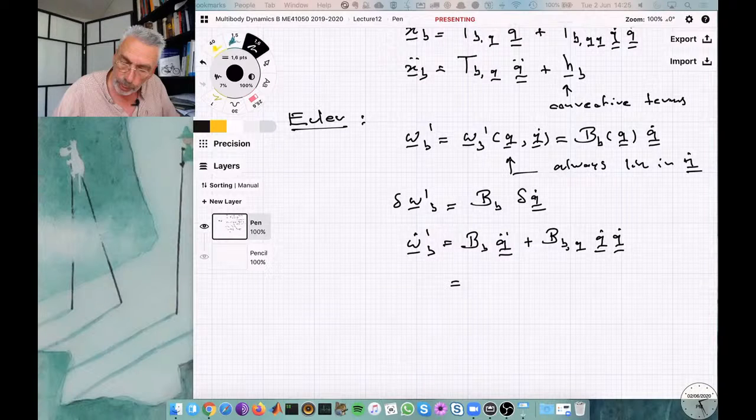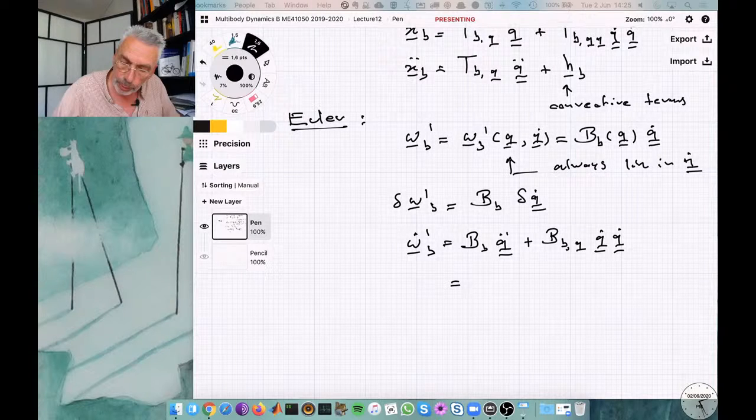Okay, so that is the stuff we have to do. Then we have to substitute these in the virtual power expression, and then that should hold for all virtual velocities, as long as they're not zero.